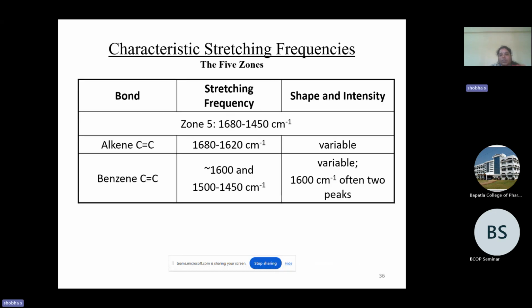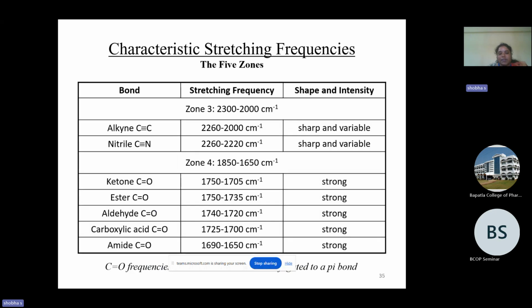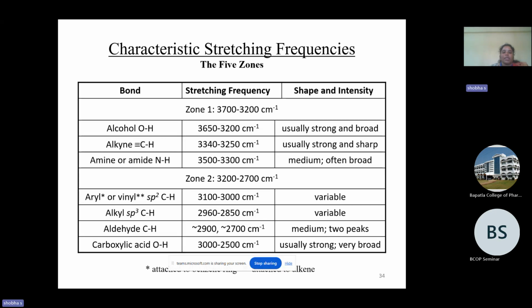And also the last zone, for remembrance: benzene containing compounds need to have C double bond C in the region of 1600 to 1450. Whatever the C double bond C in the benzene, it comes in the last zone here.